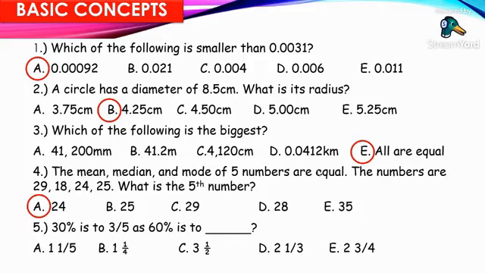Okay, comment down your answers. Okay, so the options po is, parang hindi nakasulat ng maayos, 1 and 1/5, 1 and 1/4, 3 and a half, 2 and 1/3, then 2 and 3/4.